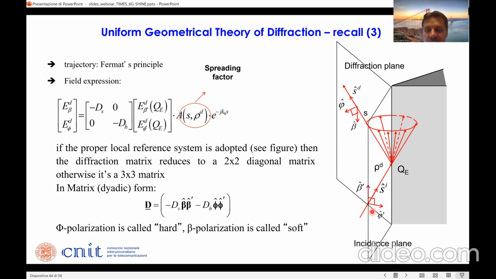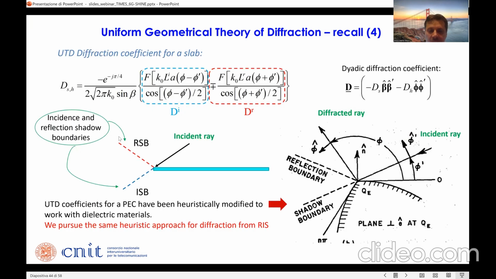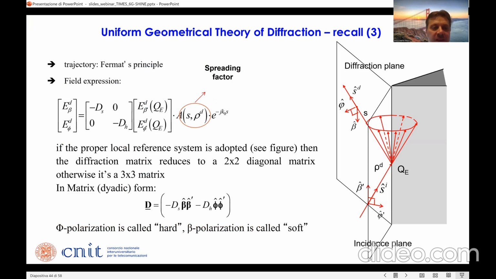If we define these unit vectors phi and beta, which are parallel and orthogonal to the plane, we can define the coefficient this way. So the dyadic is the diagonal matrix, and the components of this diagonal matrix, Ds and Dh, are called hard and soft diffraction coefficients.